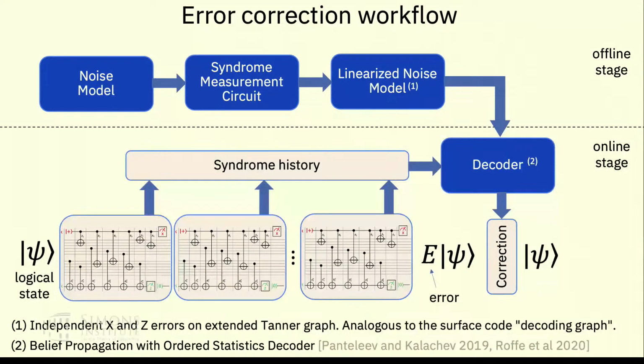We assemble this into that decoding matrix, and it's what we call the linearized noise model, because we just look at every single fault individually. This gets put into our favorite decoder, which for us is the Rafi implementation of BP plus OSD.